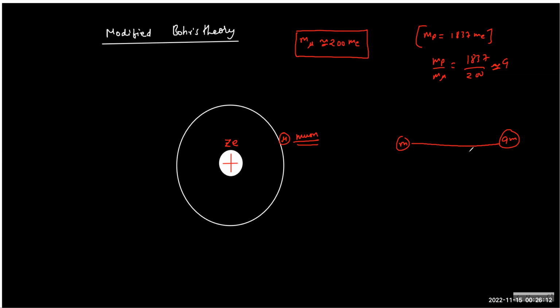Understood? Yes, sir. We need to change this entire Bohr's theory as per this new revelation that the motion around the nucleus is an incorrect interpretation. I need to move around the common center of mass, and then this kind of diagram is also misleading. So I will not draw this diagram. I'll draw a fresh and more accurate diagram for you to understand.